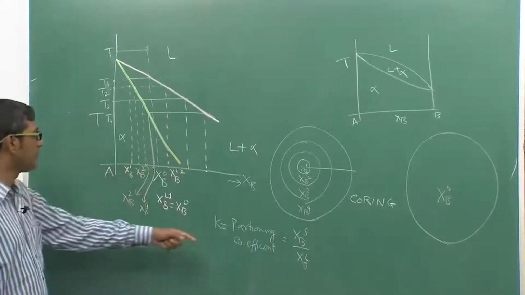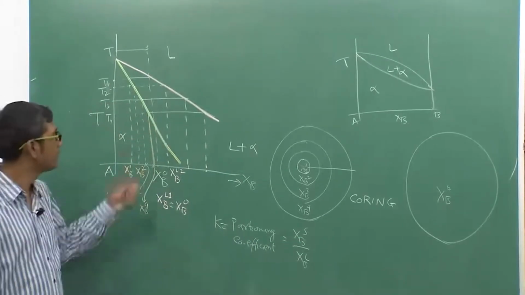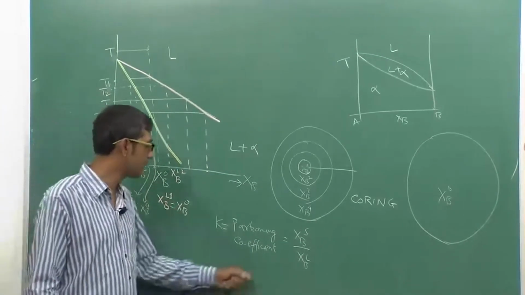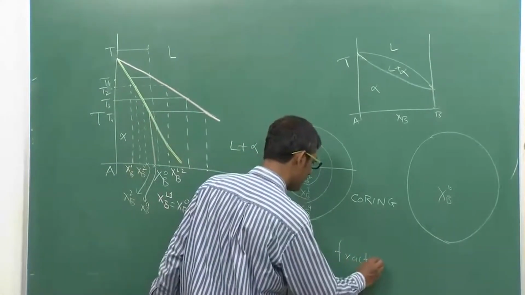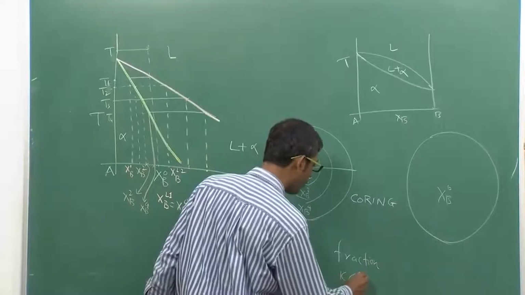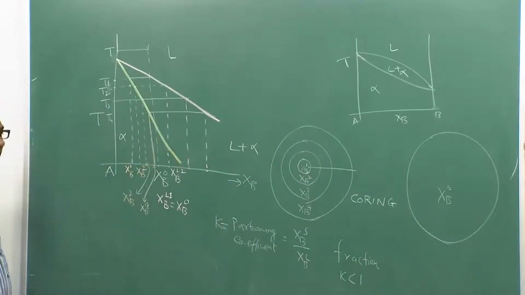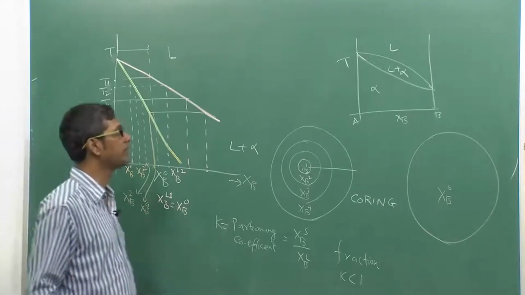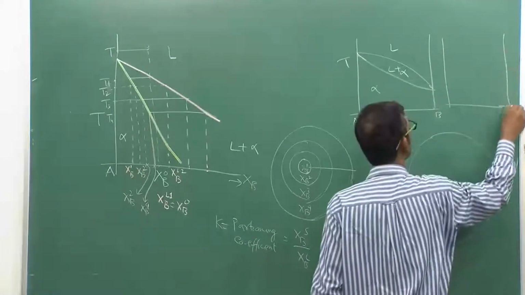Because the liquid composition is always higher than the solid in this kind of phase diagram, where the liquidus is going down, this is a fraction. Because of that, K normally is less than 1. But if the phase diagram is the other way, like that, then K can be more than 1 also.